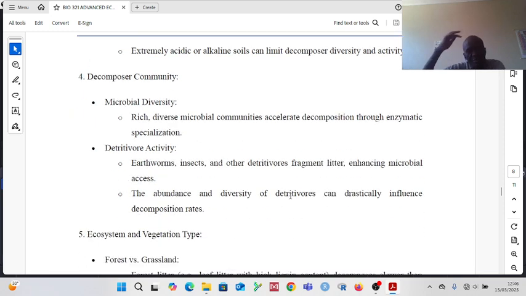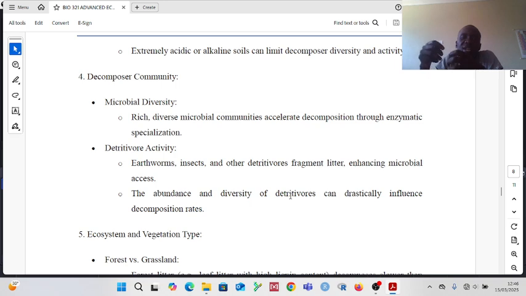Then the decomposer community. In terms of microbial diversity, rich, diverse microbial communities will accelerate decomposition. So when the microbial communities are diverse, when they are rich, which means there are many, then the rate of decomposition is likely to be accelerated. How? Because of enzymatic specialization. Different microorganisms are likely to produce different enzymes.